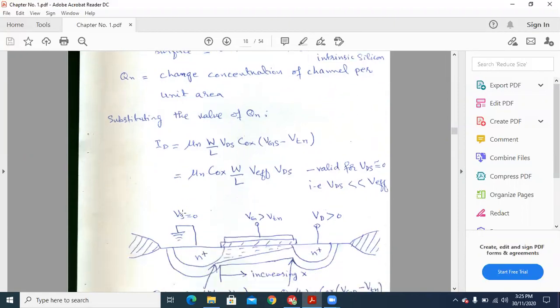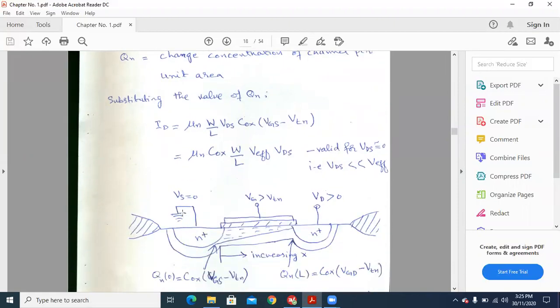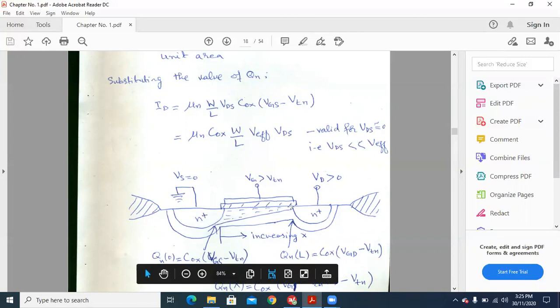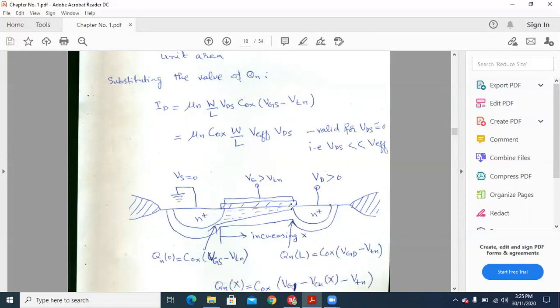Now there is a point where we apply the voltage at the drain, and we keep increasing this voltage. There will be a pinch-off point near the drain. This is just like a pressure point, and it will not allow an increase in the value of ID. So at this pinch-off point, the value of ID will remain constant.